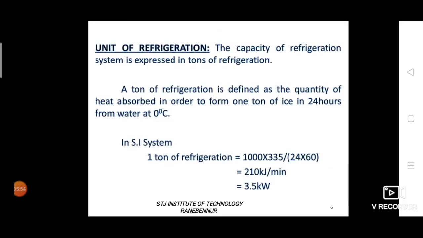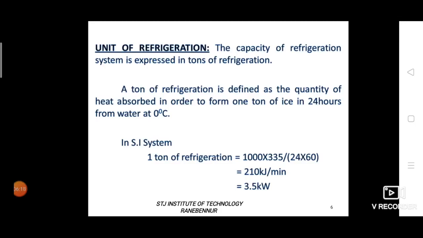Second one, unit of refrigeration. The capacity of refrigeration is expressed in terms of tons of refrigeration. Ton of refrigeration means the quantity of heat absorbed in order to form 1 ton of ice in 24 hours from water at 0 degree Celsius.